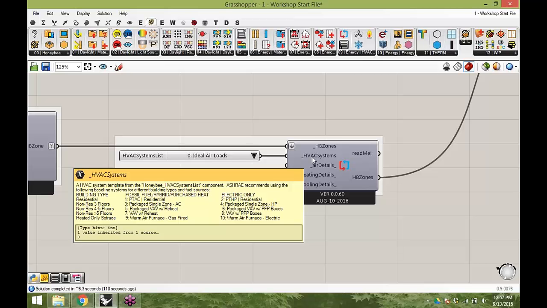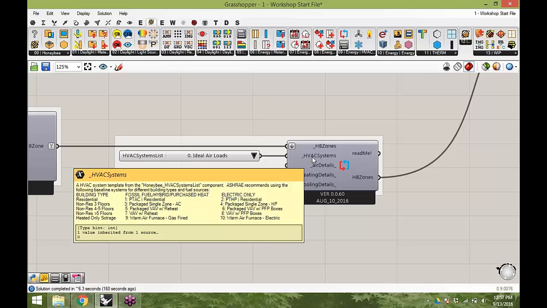Residential buildings usually will have systems like one or two, which are very simple, packaged air conditioning with a simple boiler with some radiant heat, what you'd commonly see in a lot of residences in the U.S. The other systems are mostly made for more commercial use, with packaged single zone systems for non-residential 3-4 buildings, all the way up to large office buildings like what we're trying to model here. You'll use system 7 or 8, which is a variable air volume system, or VAV system. And that's what we're going to model right now because we're modeling a kind of large office building.